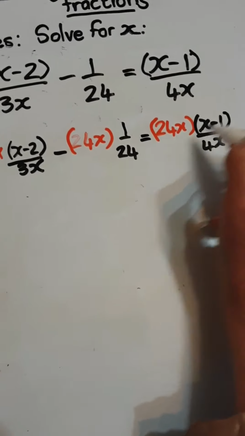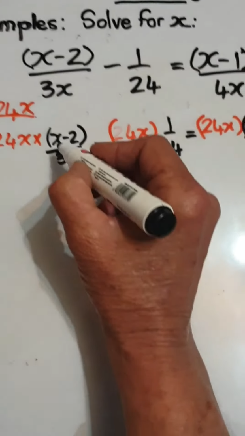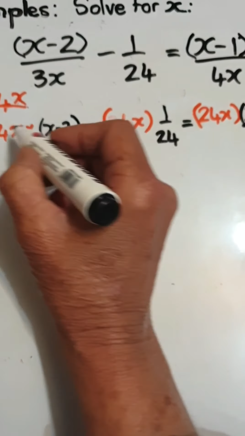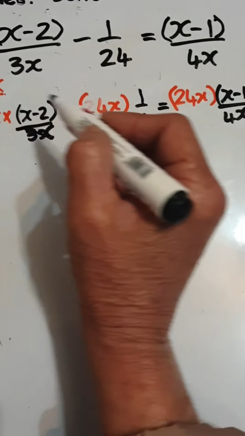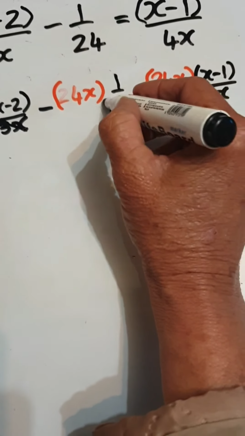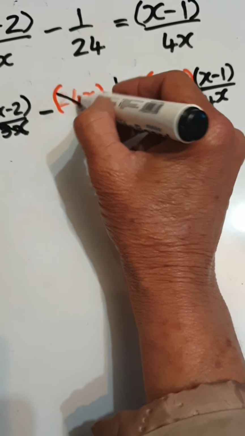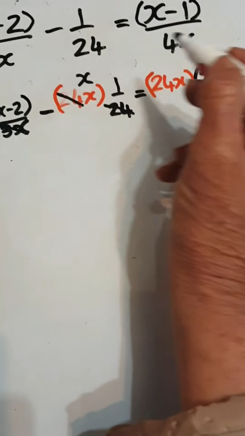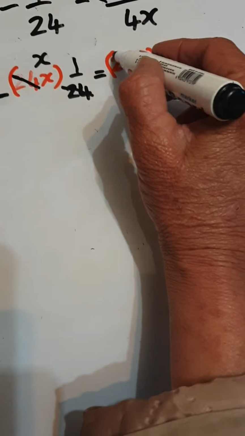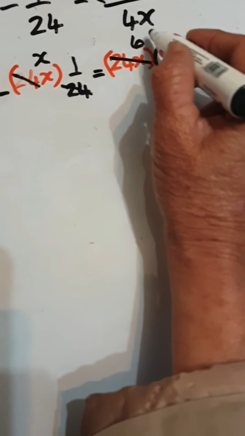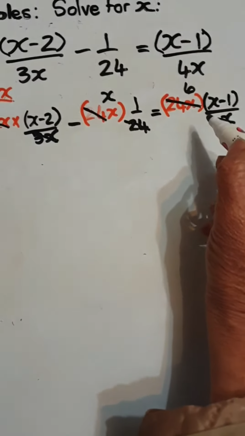So let's simplify all the fractions. So 3x will go into 24x 8 times. And 24 will go into 24x x times. And 4x will go into 24x 6 times. So what is left now?